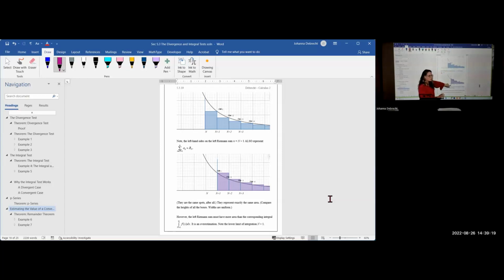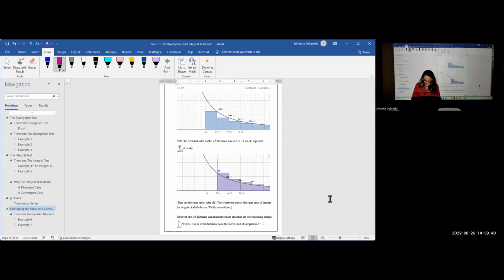This is the left Riemann sum starting further to the right at uppercase n plus 1. But they're both using the height at a sub n plus 1, the height at a sub n plus 2, the height at a sub n plus 3, and so on. They're using the same locations to generate their values.